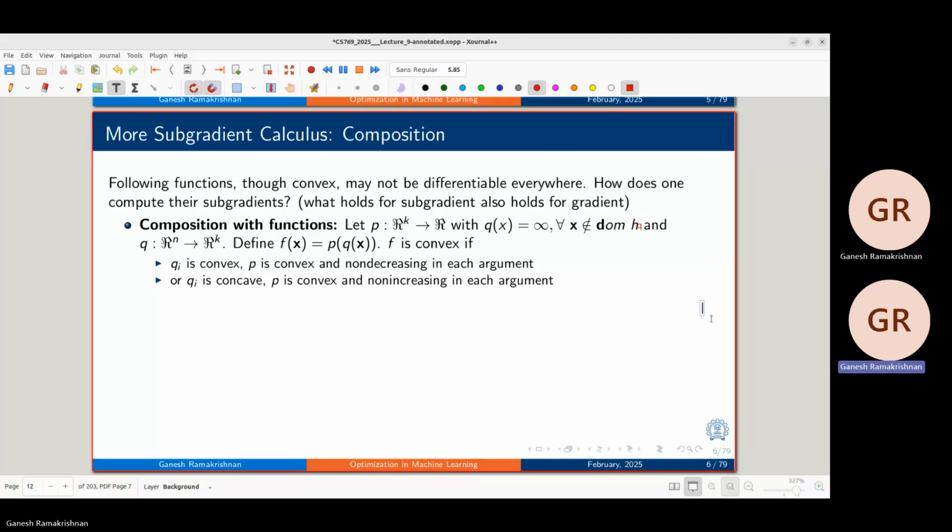What will I need to do to get the subdifferential? How will I decompose a subdifferential? This is a big thing, and compositions are quite useful. Any thoughts?